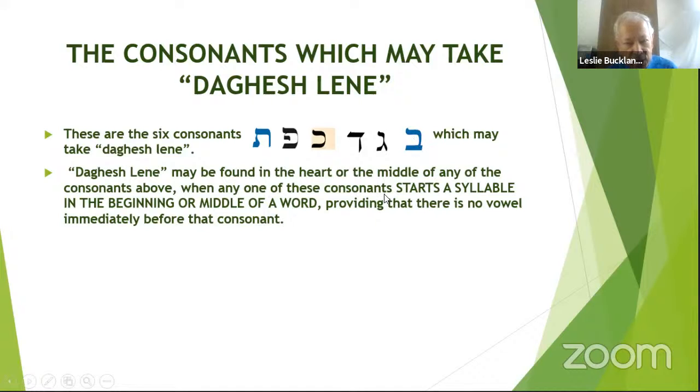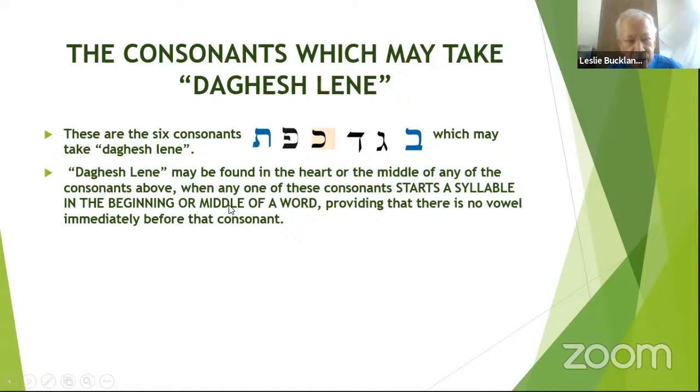Okay, so here are the conditions. Condition 1, you can put a Dagesh in any of these consonants if any of them starts a syllable. Condition number 2, if it starts a syllable in the beginning of a word, you can put the Dagesh Lenny in it.